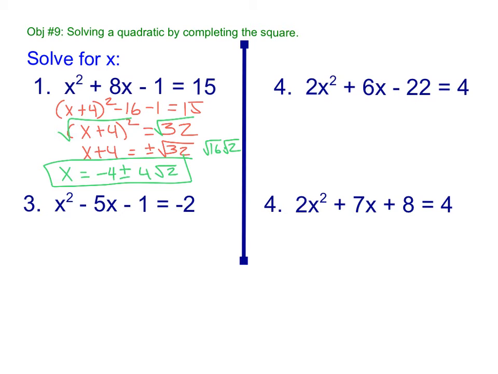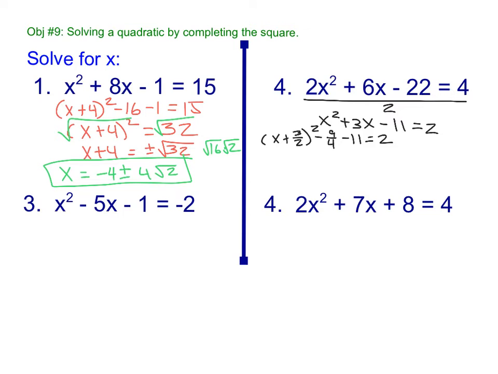All right, next one. Now, because this is an equation, I'm just going to divide everything by 2. It just makes life easier. x squared plus 3x minus 11 equals 2. I don't have to actually worry about a GCF because it's an equation. So we have our x plus half of 3 squared, minus 3 over 2 squared, is 9 over 4, minus 11 equals 2.